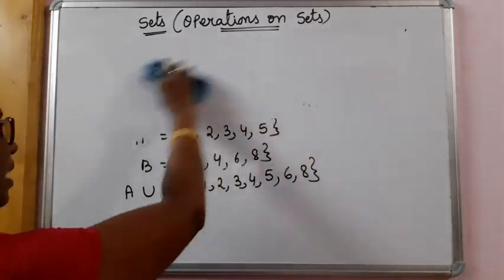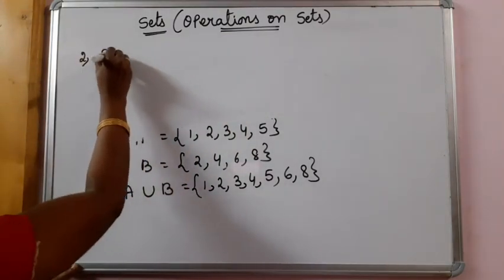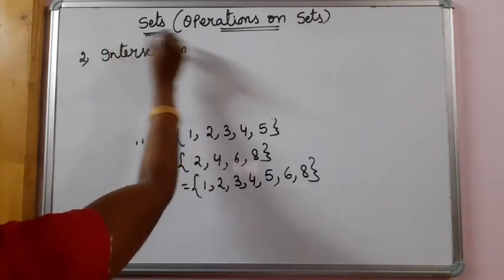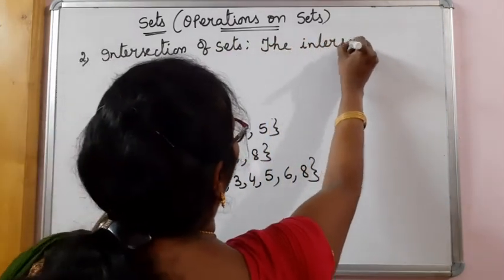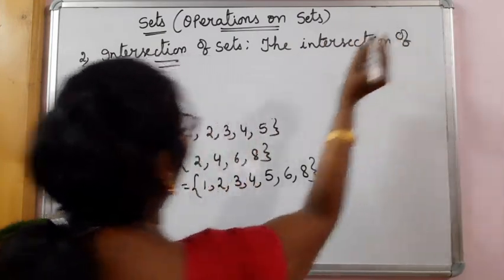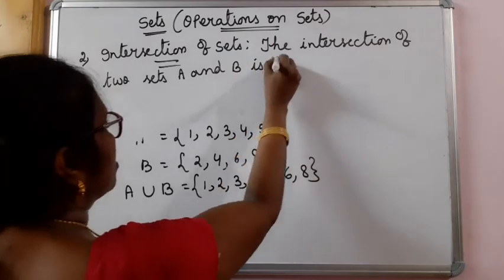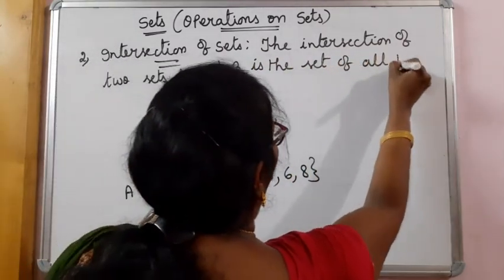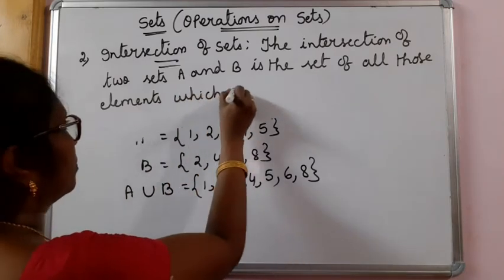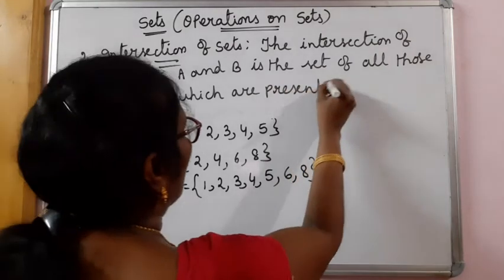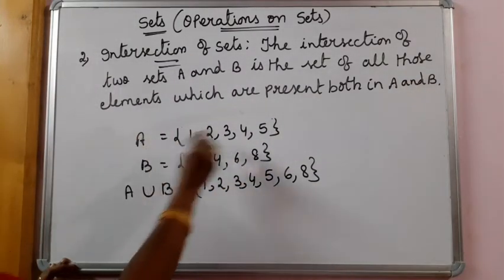The intersection of two sets A and B is the set of all those elements which are present in both A and B. That means the elements present in both the sets are the intersection of the sets.